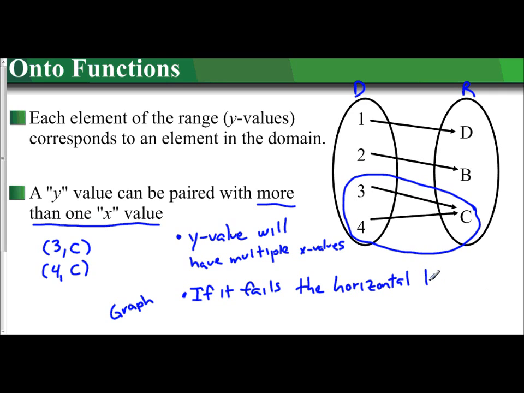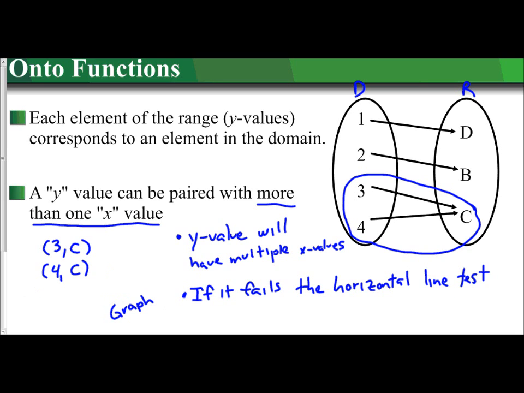A vertical line test says that if you draw a vertical line through a graph and it intersects more than once, it's not a function. For an onto function, if you were to draw a horizontal line through the graph and it intersects more than once, then it fails the horizontal line test, which means it's onto because it'll have more than one x value paired up with a y. So that is our onto functions.